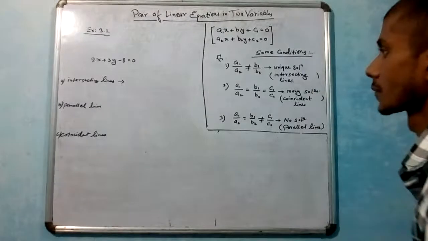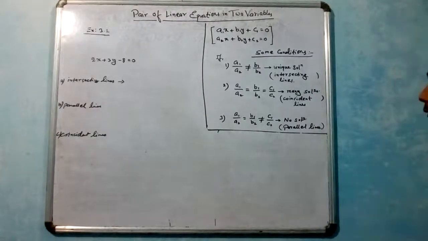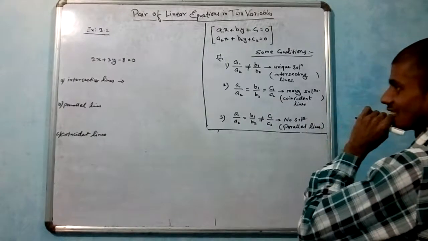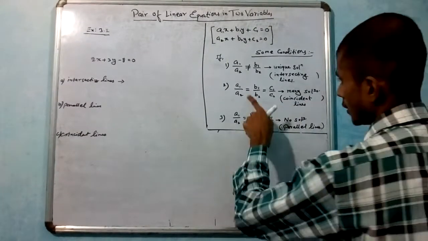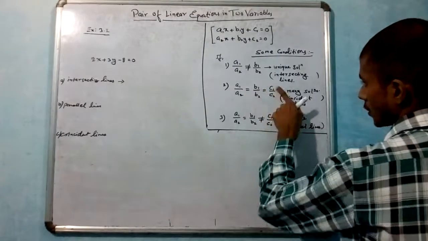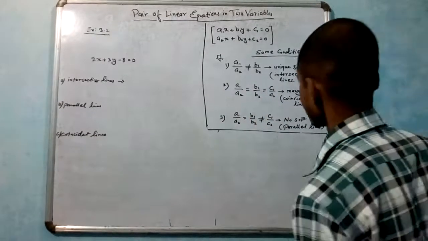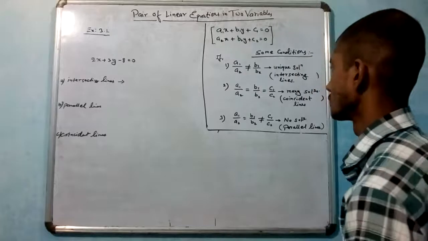Let us come to coincident lines first. In coincident lines, we must get the same ratio. So what to do?